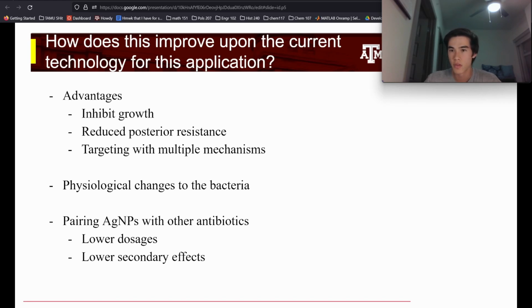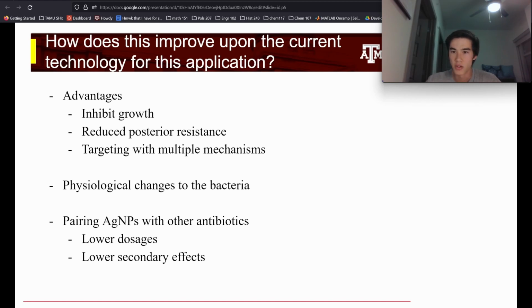Part of the reason for this is the physiological changes that occur after the bacteria are treated with silver nanoparticles. These physiological changes include lower permeability and the thickening of the membrane, promoting posterior resistance to antibiotics. However, pairing silver nanoparticles with other antibiotics has been shown to be much more effective.